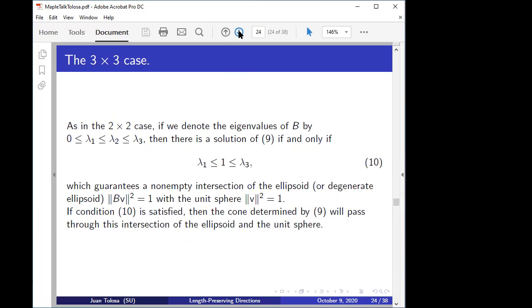There is a solution if and only if the number 1 is between the smallest eigenvalue of B and the largest. Otherwise, there are no norm-preserving directions.